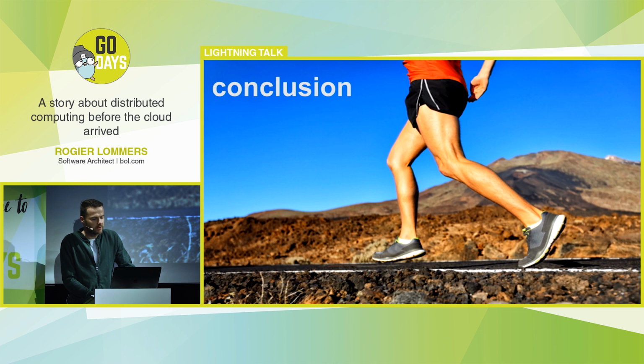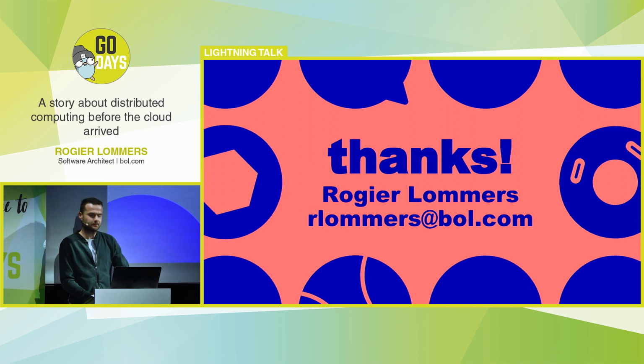Of course, I don't recommend using your colleagues' laptops to run business stuff. But it was just a fun project, which turned out to bring great results. So what to conclude then? Well, maybe start running every now and then. It gives you fun ideas, and it's good for your health as well. Thanks.